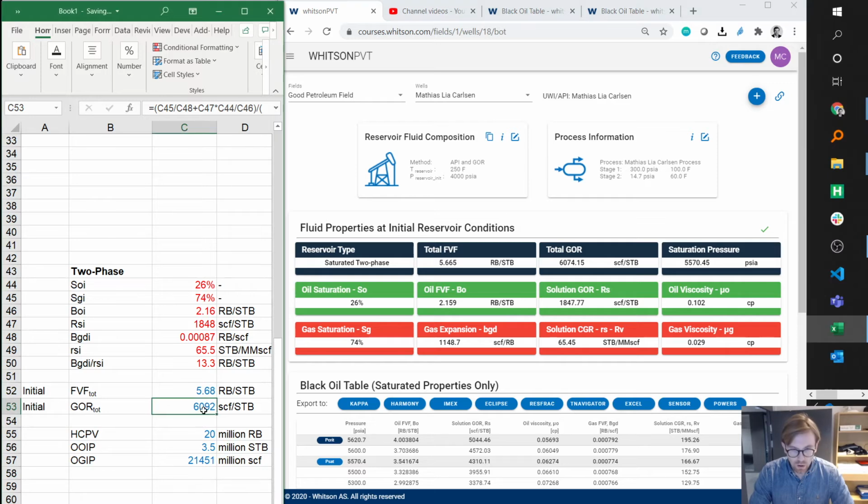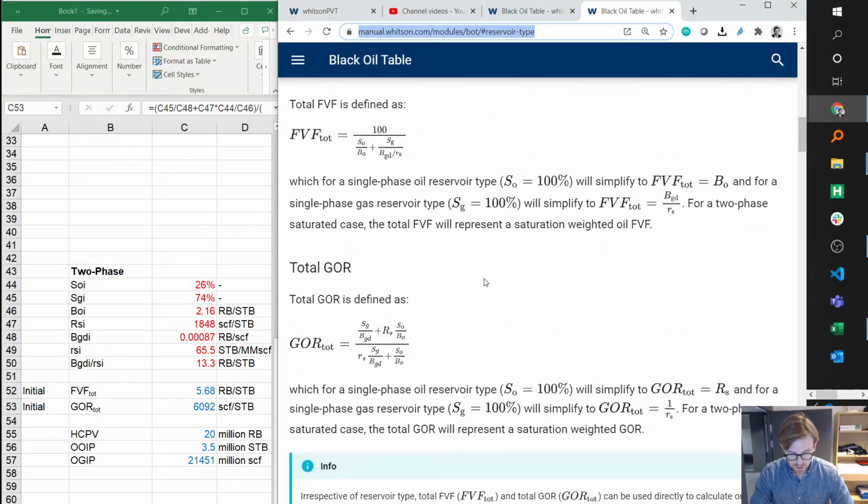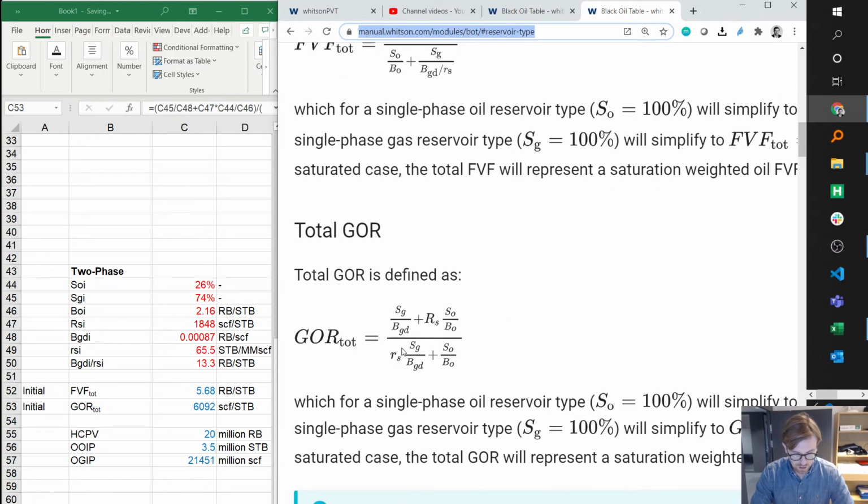The other part is the total GOR. That's a little bit more of an involved function actually. It's this function right here, but the same things apply. It's just plugging in the numbers and making sure that you keep your units straight. What you can see here is that everything above here is dealing with the same units, and also everything below here.